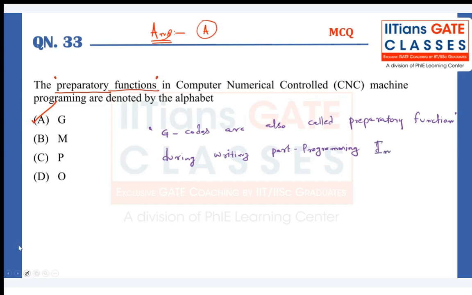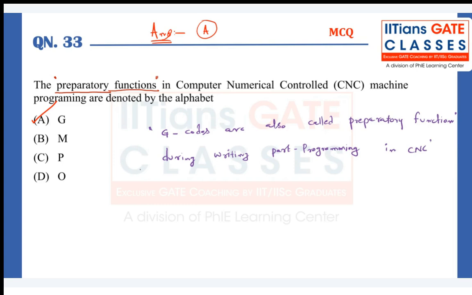I will write it properly. In computer numerical controlled machine, while you are writing the part programming, we use G codes. G codes are also called preparatory functions. So your answer is G.